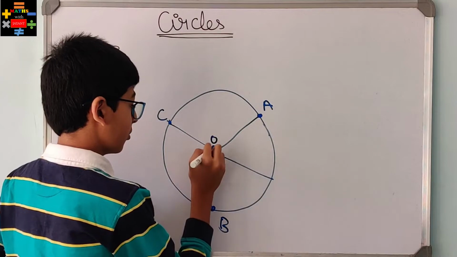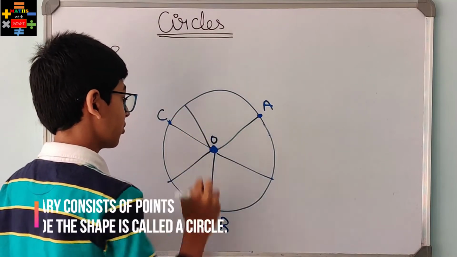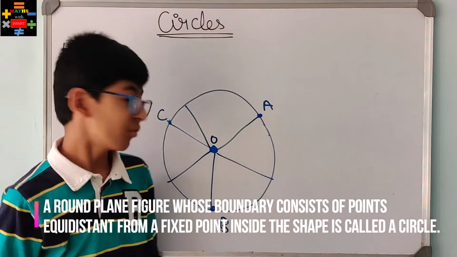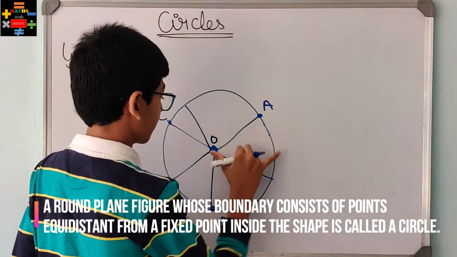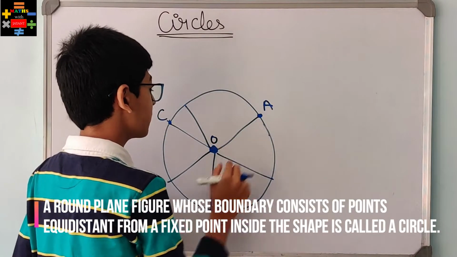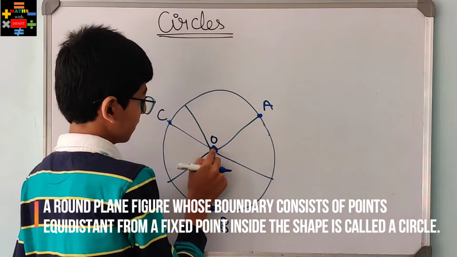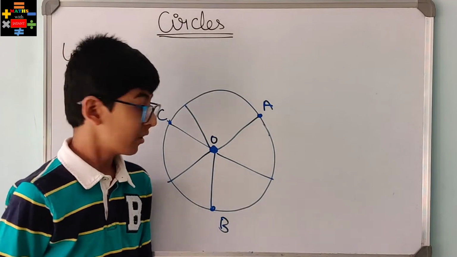So a circle is a 2D geometrical shape if the points on the circle are equidistant from a center point of the circle.